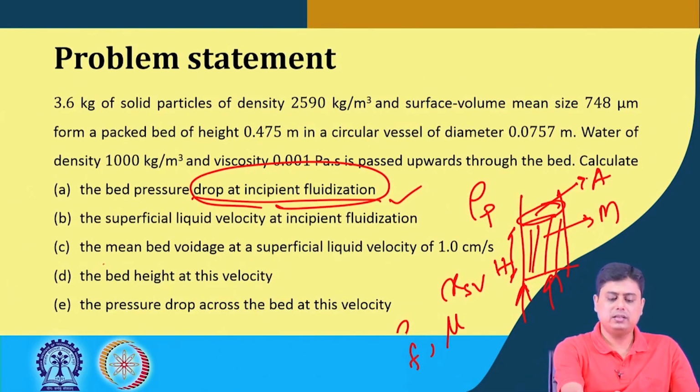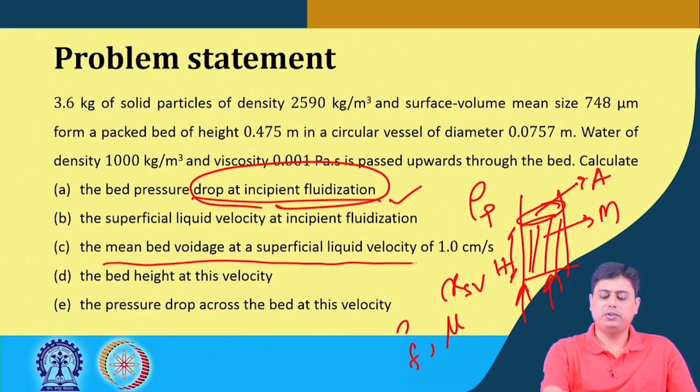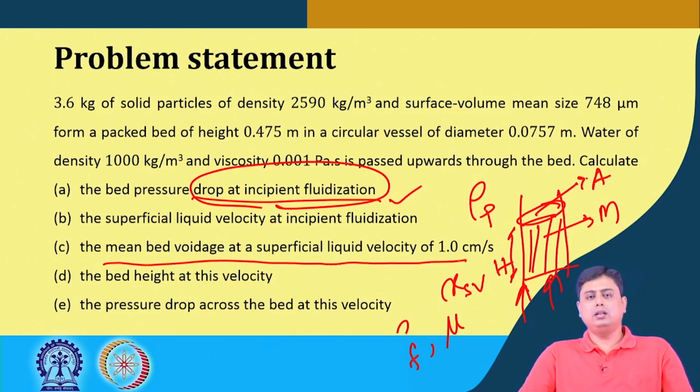Now, the question is the mean voidage at a superficial liquid velocity of 1 centimeter per second, which means it is well beyond the minimum fluidization velocity. The minimum fluidization velocity that we have calculated is 0.365 centimeter per second. Now, the bed is operating at 1 centimeter per second of fluidization superficial liquid velocity.